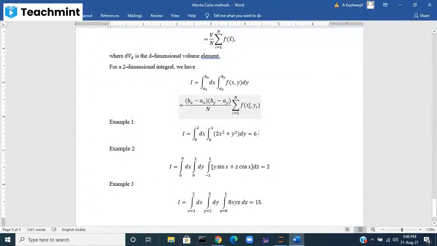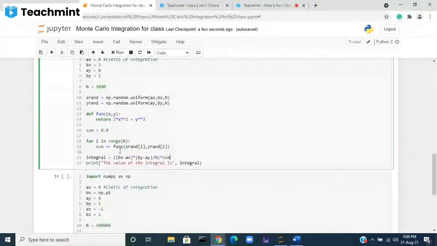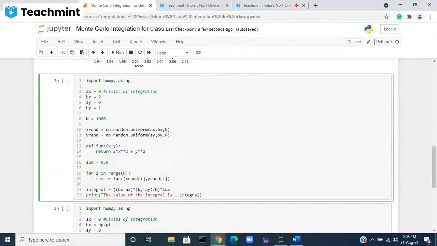After that, what do we do? First we calculate this summation. First we initialize the sum to 0. Then in a for loop, for i in the range 0 to n, which is 1,000, we calculate the value of the function at each xi, yi: the function value at x0, y0 is added to the sum, then the function value at x1, y1, and so on, until xn, yn.